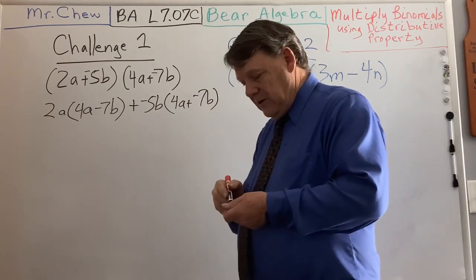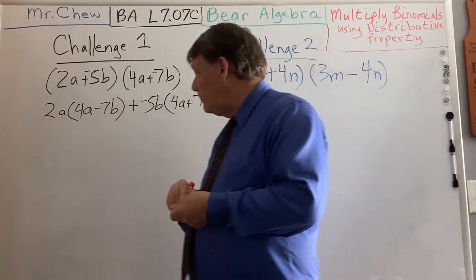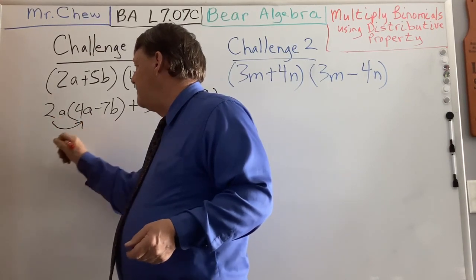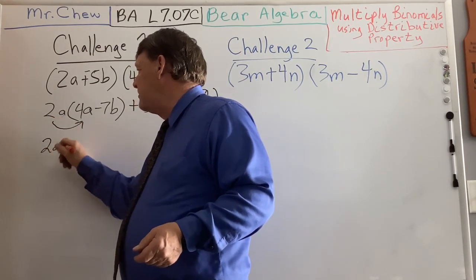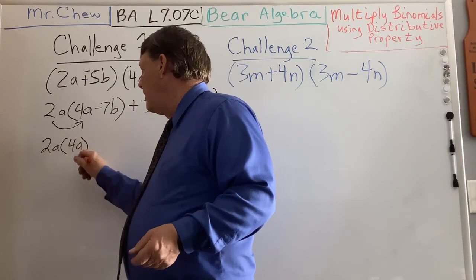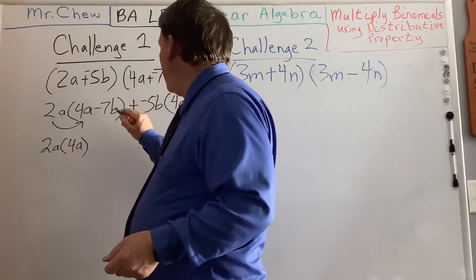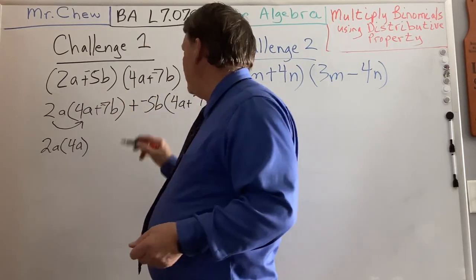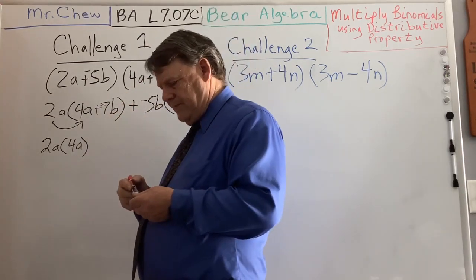All right. So now, we're going to take the 2a times the 4a, sorry, and I want to change this to plus a negative here as well. I did it here and didn't do it here.